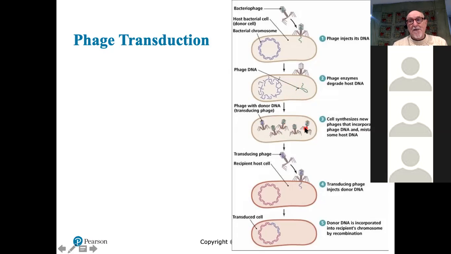We can extract the viruses then and use them, like little injection syringes, to inject that DNA into our cells of choice. So this is a natural system, but we can manipulate it. I won't go into all the various experimental ways that we can do it, but phage transduction is a very useful way in biotechnology for inserting large pieces of DNA into bacterial cells.